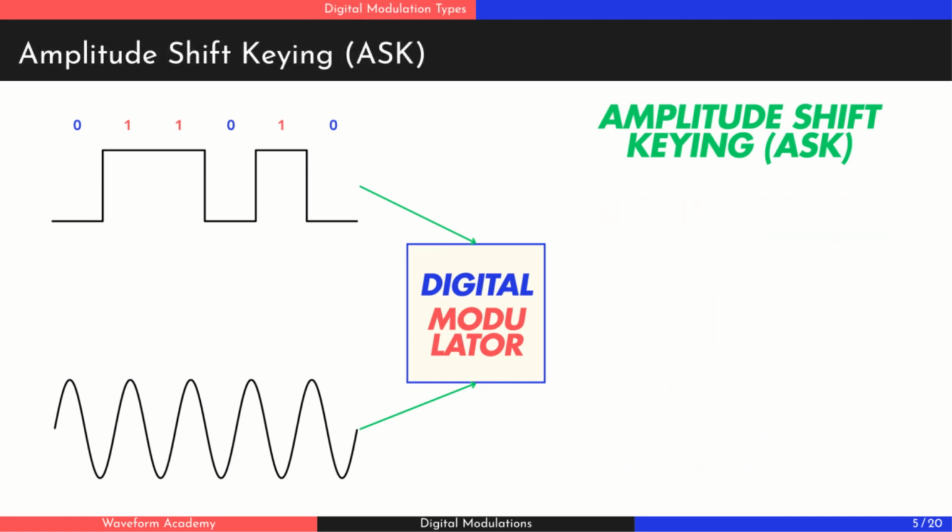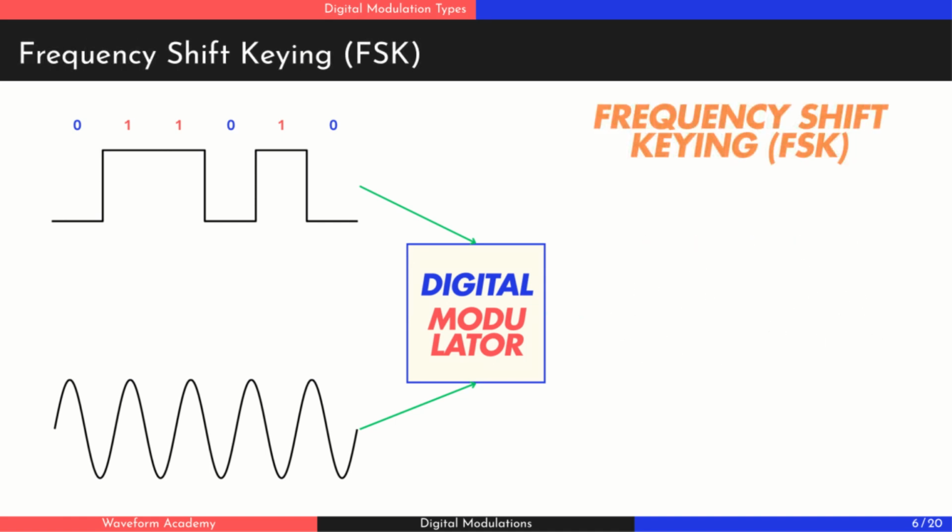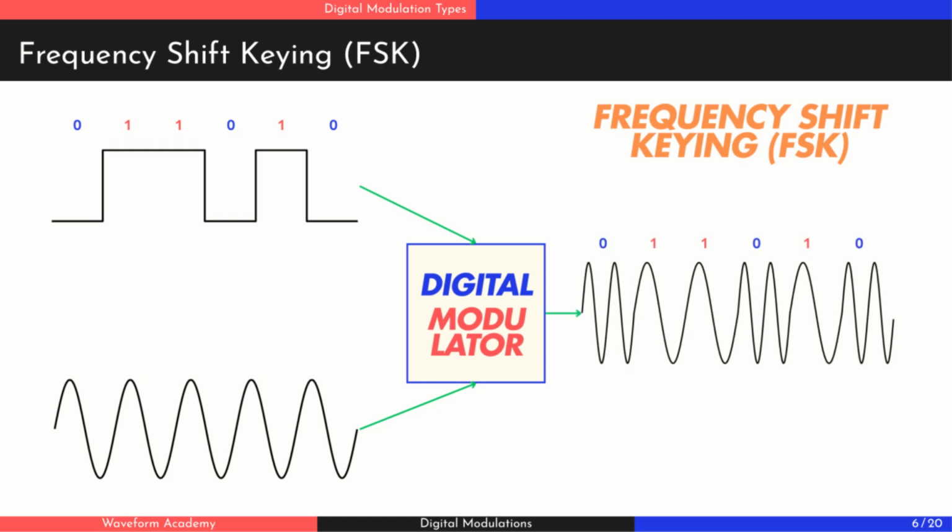ASK modulates the carrier wave by varying its amplitude between a finite number of states. For example, in binary ASK, a 0 can be represented by a signal with an amplitude of 0.5, while a 1 is represented by an amplitude of 1. FSK modulates the signal by switching between a finite number of frequencies.